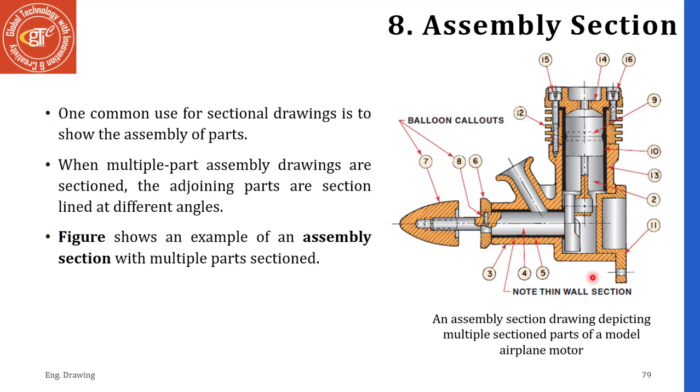Here is the assembly section drawing depicting the multiple sectioned parts of a model airplane motor, and these balloons are used to indicate the parts. The whole assembly section view depicts the working of each part and how they would be assembled.